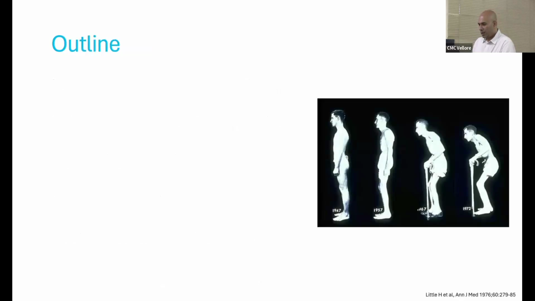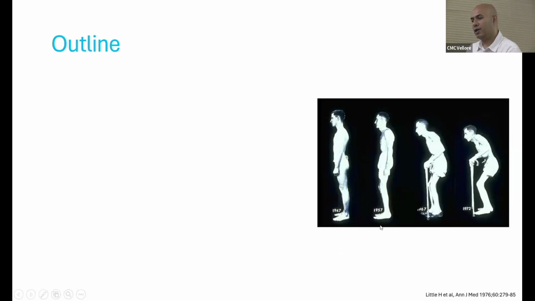This goes back to a publication from 1976, which clearly depicts the journey of a Canadian paratrooper who presented in 1947 to the Sunnybrook Hospital in Toronto. These are pictures taken at 10-year intervals. In 47, he was seemingly normal.